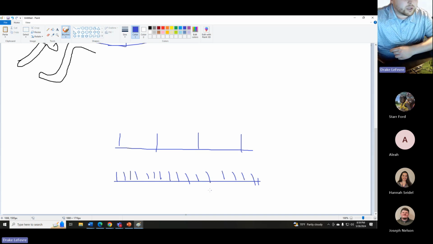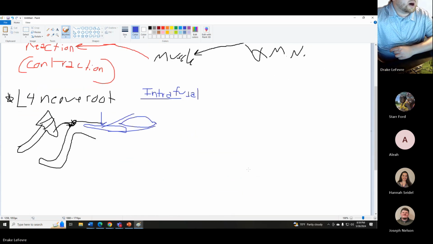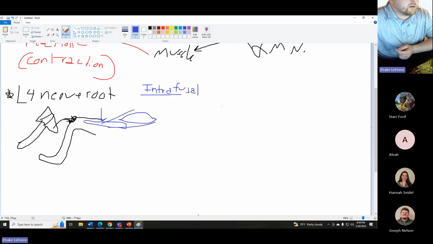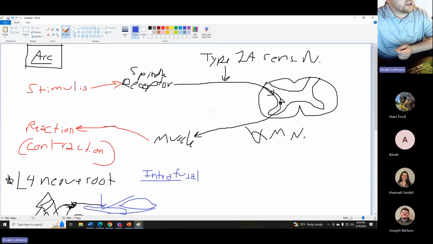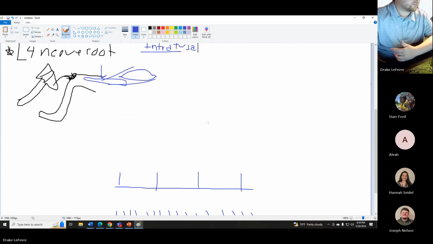Eventually this signal will get to the brain, but the body is built to protect itself in order to prevent injury from happening. So we have these spinal cord reflexes that allow our body to respond before the message goes all the way up to the brain, is processed, and sent back down. Okay.